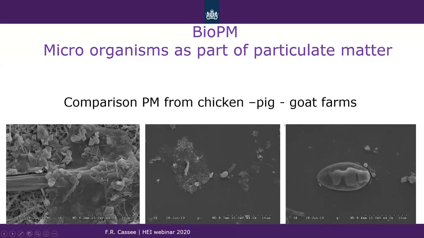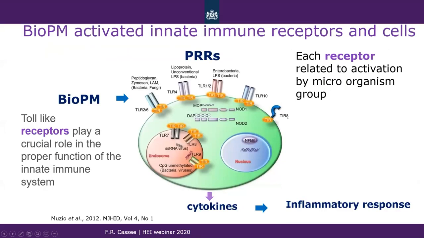And I think that microbiologists would be quite keen on identifying exactly what's in there. But the general idea is that these PMs, the microbes that are in those fractions, link to specific receptors on cells and activate an inflammatory response.